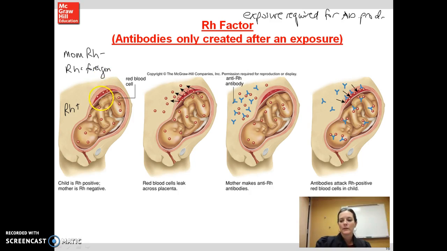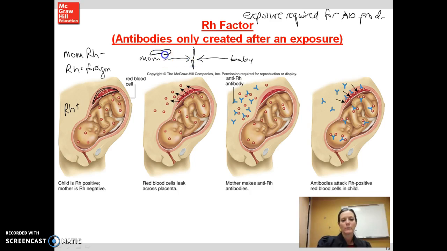So normally, here in this structure right here, this is the placenta. I think that's what they're trying to show in this diagram. In the placenta, that's where you have mom's blood coming in, and you have baby's blood coming in, but they are separated, I should say, by a membrane.